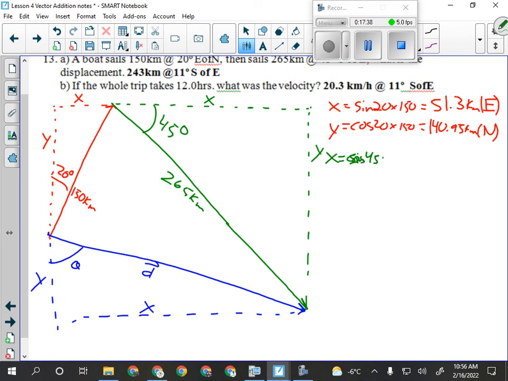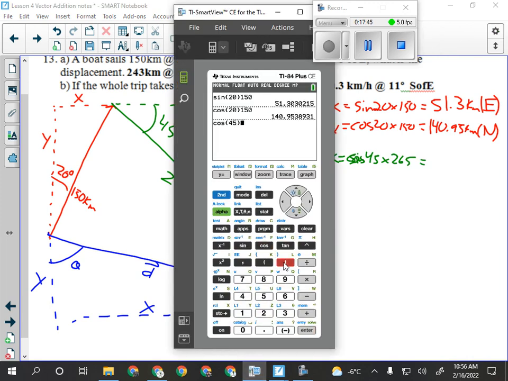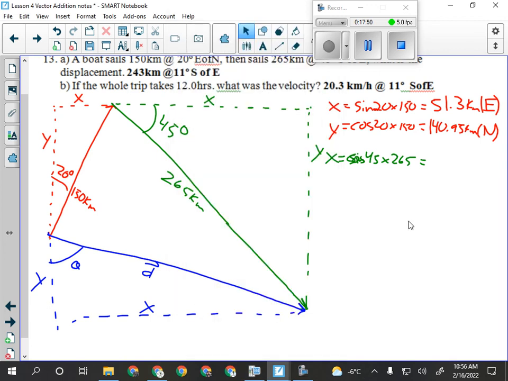Cos of 45 times 265. Okay, so it's 187.38 kilometers, and that is east. And that means that y is also 187.38 kilometers south. All right, so obviously we go south more than we go north, and both vectors go east.